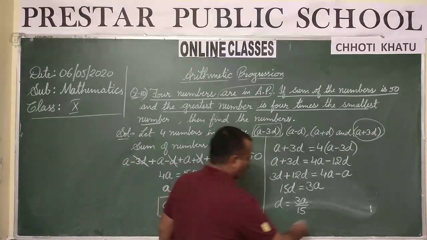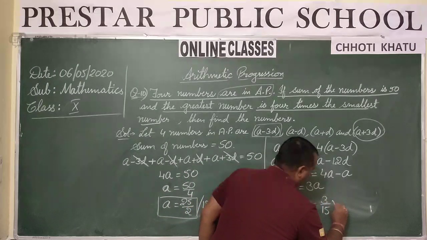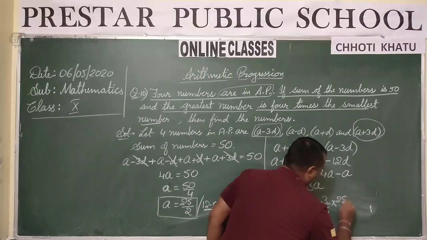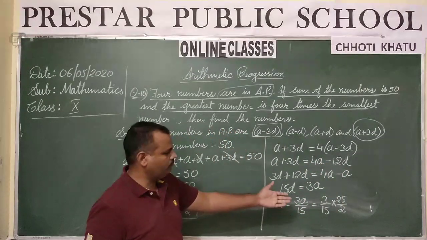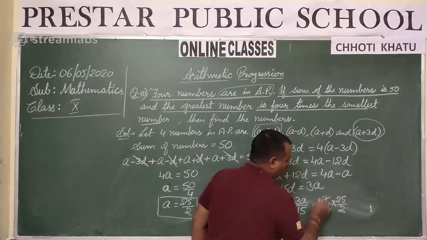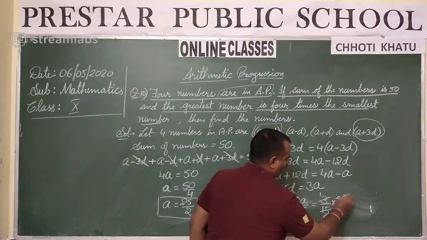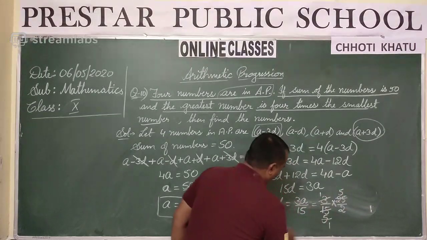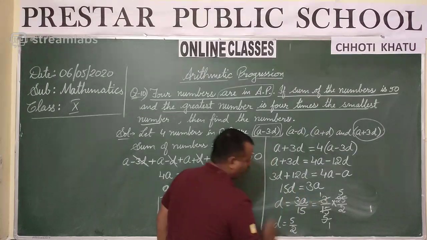Now when D is 3A upon 15, we have the value of A as 25 upon 2. Substitute that value, you will get it as 3 upon 15 multiply 25 upon 2. So here 3 and 15 simplify. Then again 5 and 25 simplify. So you are left with D equals 5 upon 2.